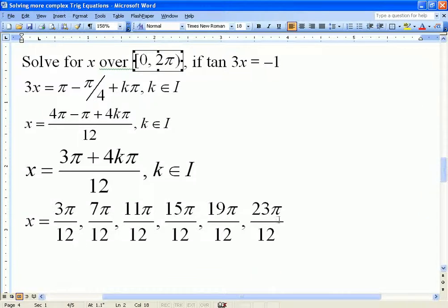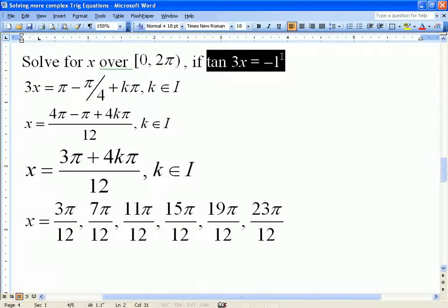So these are the possible values of x, which if you had to replace any value of x into this equation over here, tangent 3x equals negative 1, your answer would be negative 1. Any one of those x values makes that a true statement.